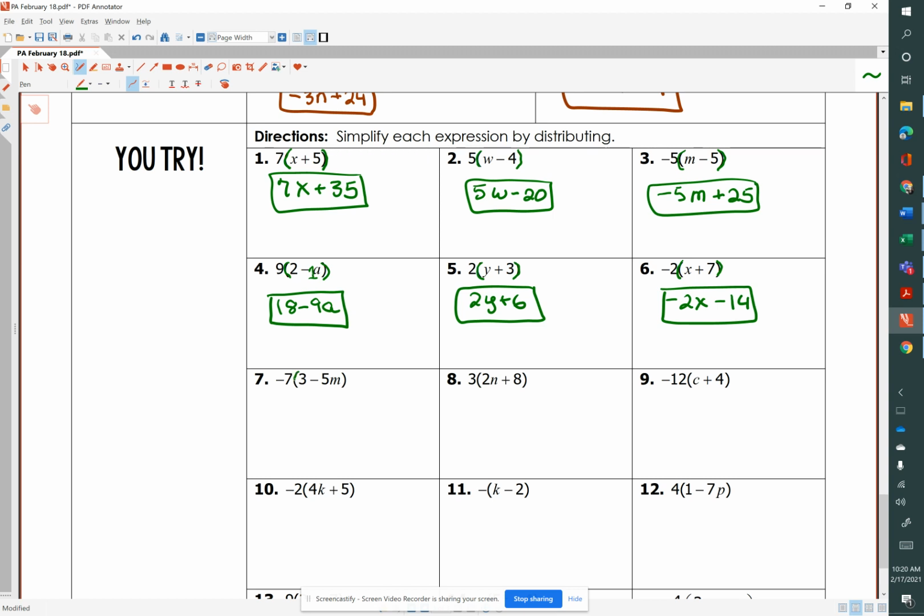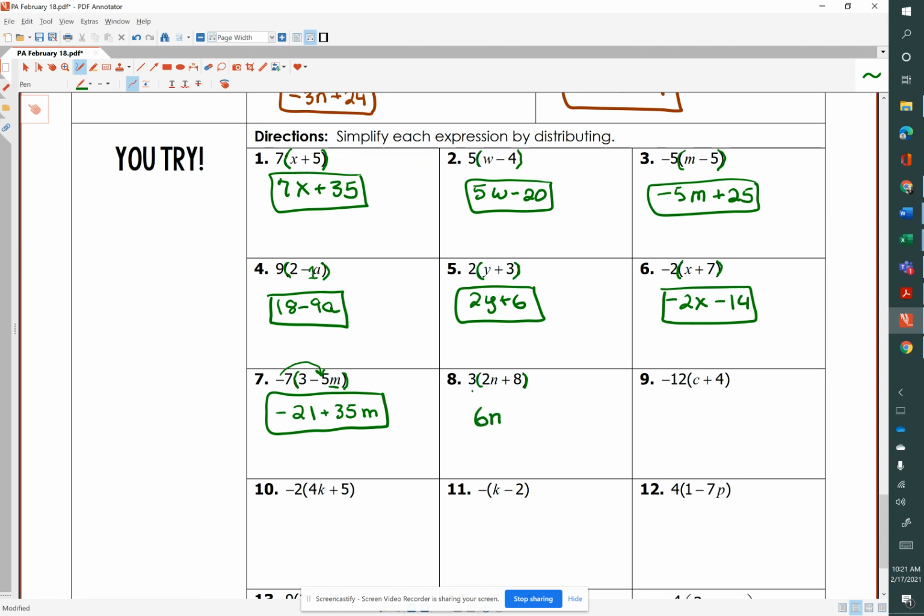Negative 7 times the quantity of 3 minus 5m. Negative 7 times 3 is negative 21. Negative 7 times negative 5 is positive 35. And we have a variable here, m. Number 8, 3 times the quantity of 2m plus 8. 3 times 2 is 6.